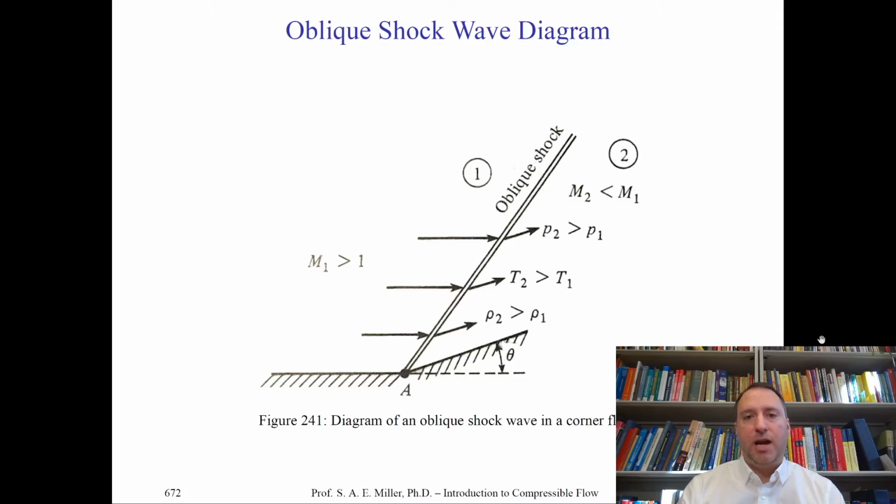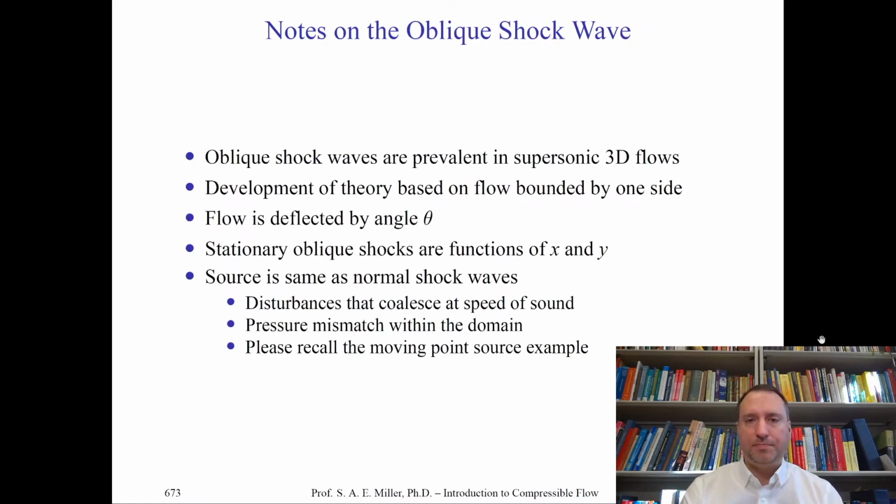It's an oblique shock wave because the angle of the incoming flow is at an oblique angle relative to the wavefront, as you see in the incoming streamlines, and 1 relative to the wavefront. You'll also note that the streamlines instantaneously change direction, which is a property of supersonic flow, of course, and they remain relatively parallel to the wall, which is at an angle theta. So you can see that the flow has turned into itself by an angle theta.